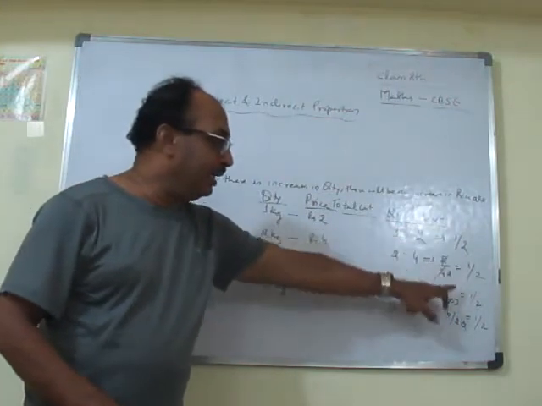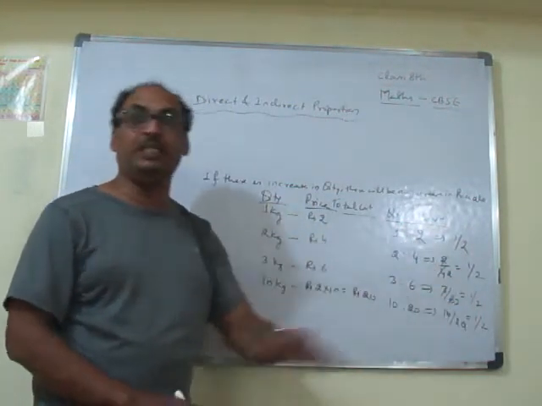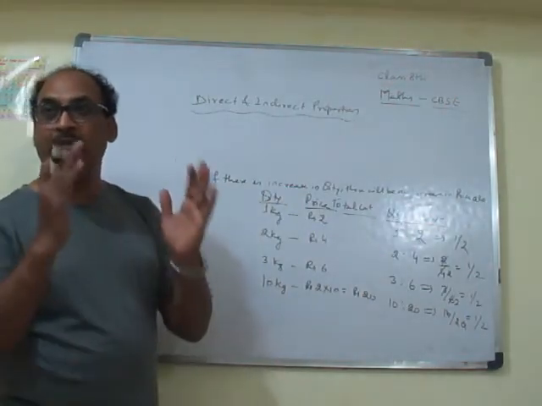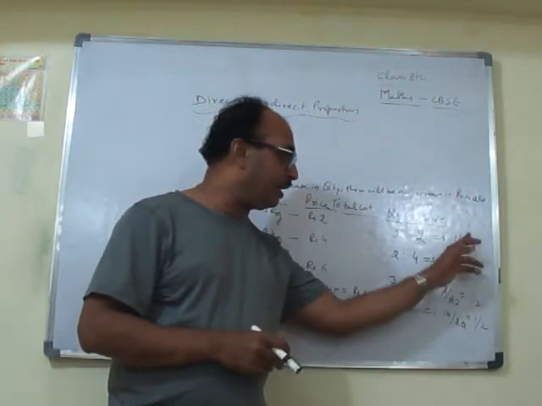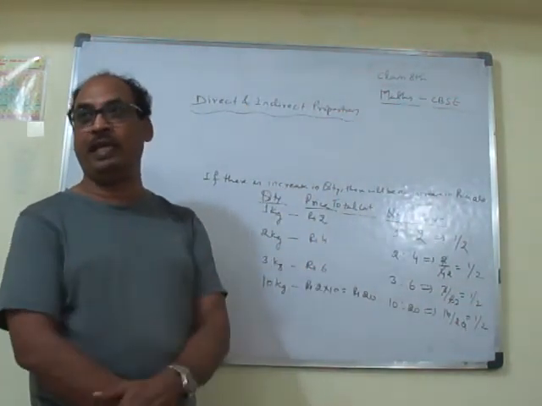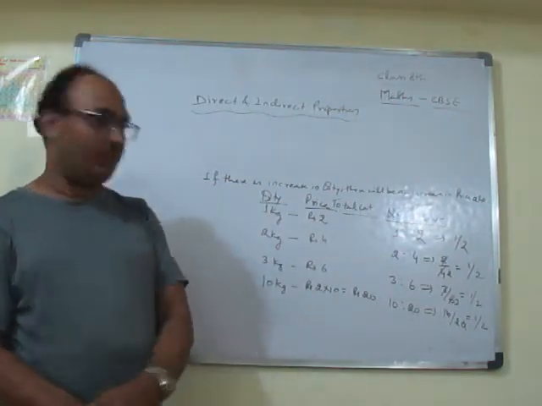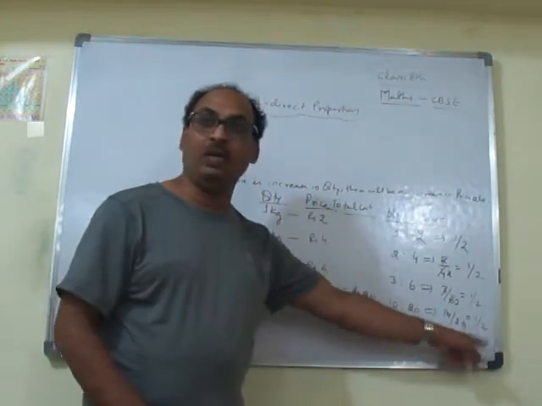Because each and every time there are equal proportions between the quantity and the price. You see that all are equal: 1 by 2, 1 by 2, 1 by 2. Whether it is 100 kg or 2000 kg, your proportion will come only 1 by 2.